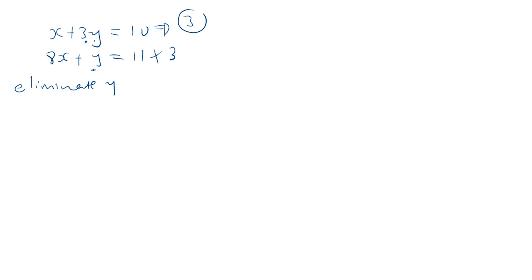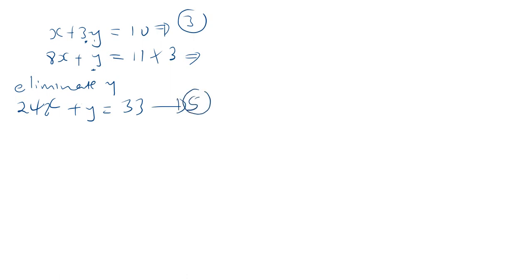Let's have it afresh. We have our new equation after multiplying this by 3. We have 24x plus y is equal to 33. And this, I have said, we make it equation 5.